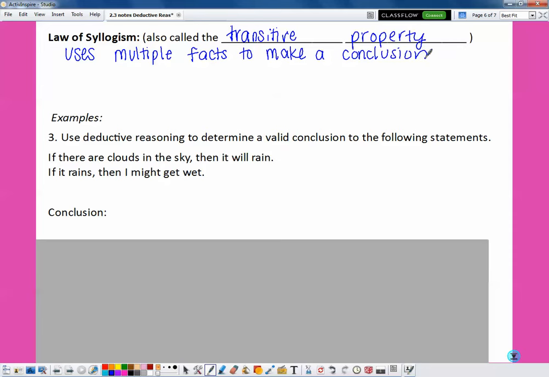If we wanted to look at it symbolically, if we were given that if P then Q happens and if Q then R happens, we could make the conclusion that if P then R happens. We sort of cut out the middleman.